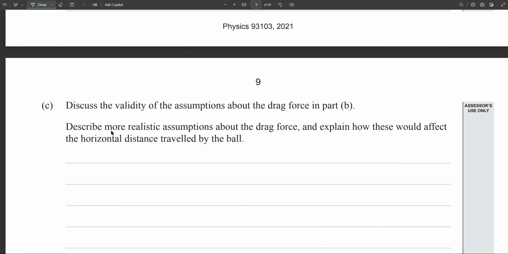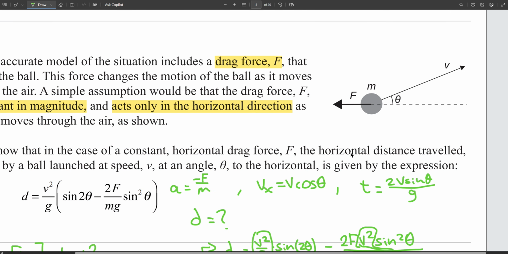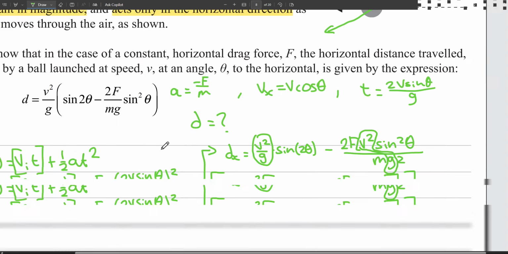Part C: discuss the validity of the assumptions about the drag force in part B, suggest more realistic assumptions about the drag force, and explain how these would affect the horizontal distance. I'm just going to do this in bullet points. The first thing I picked up was that this drag force would not only act in the horizontal direction, but rather it would act opposite to the velocity of the ball.